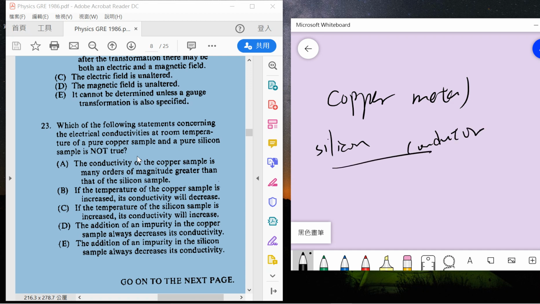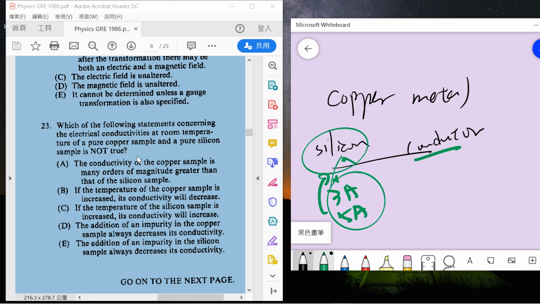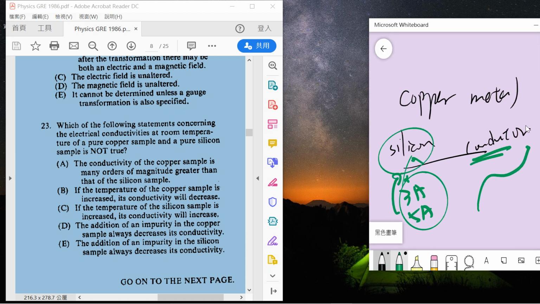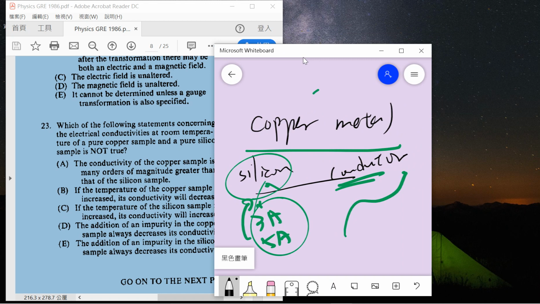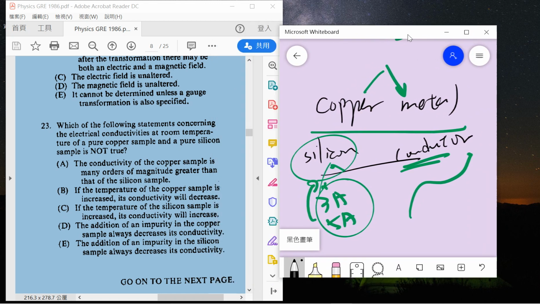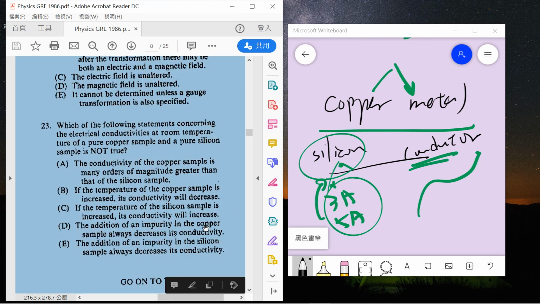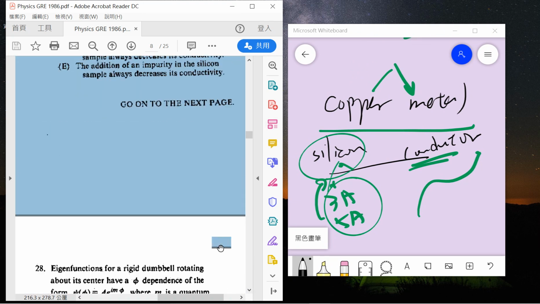So if you dope the silicon with a group 3A or 5 element, then the conductivity will suddenly increase. And for the copper, if you dope, then I guess the conductivity will decrease. This is common sense, and once you know that you can solve it.